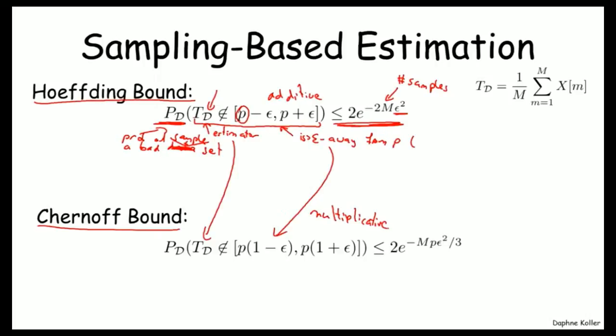And once again, this is the probability of getting a bad sample set. And once again, we have a bound on the error, which is written over here. And once again, the number of samples appears in the exponent. That makes us happy. We have the same type of epsilon squared term that shows the dependence on the tolerance that's required.